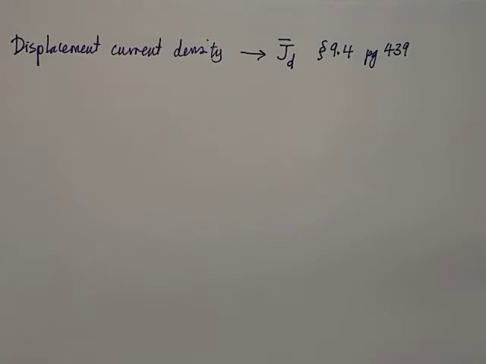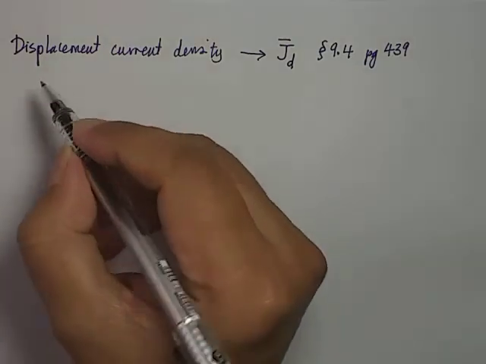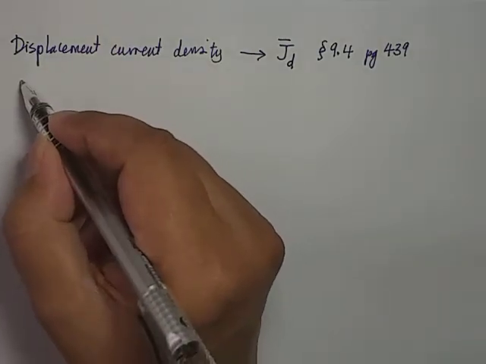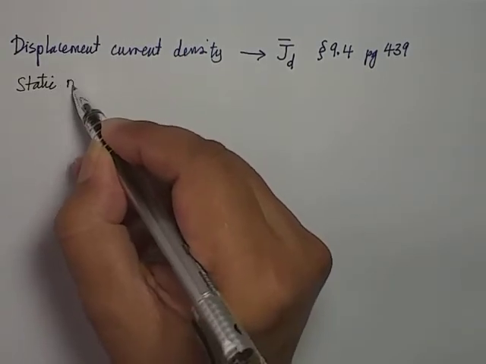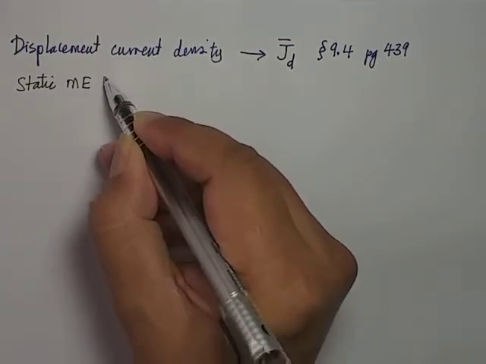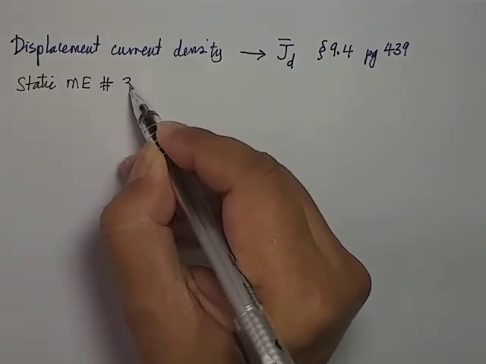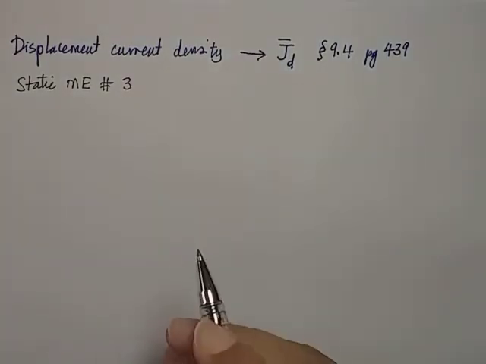Remember when we talk about Maxwell equation number 3, we call it the static Maxwell equation number 3. From which particular field? Magnetostatic.